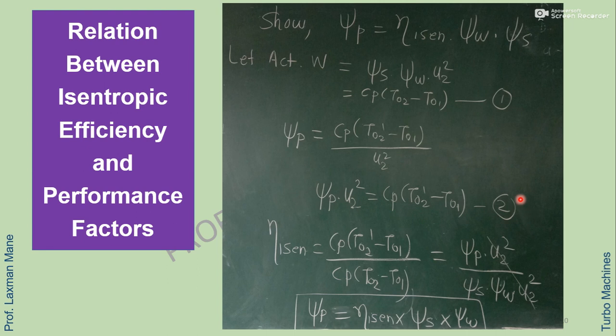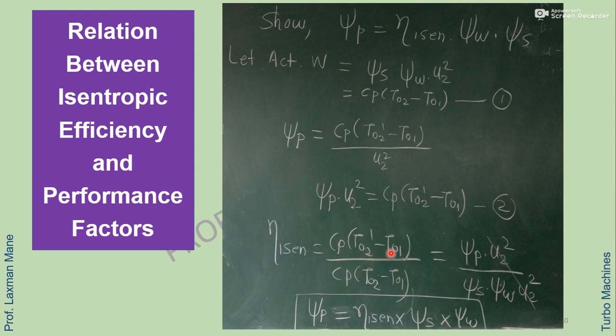Say equation number 2. Now we know that isentropic efficiency is the ratio of isentropic work to actual work. So Cp into T02 dash minus T01 divided by Cp into T02 minus T01. Cp, the specific heat of the air, gets cancelled.